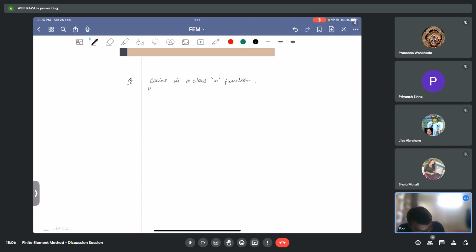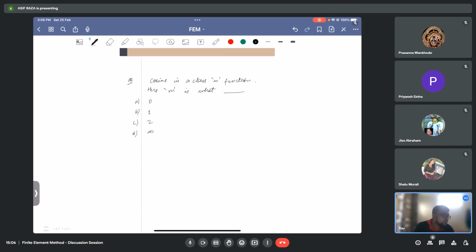Here, what is M? Option A is 0, option B is 1, option C is 2, option D is infinity.